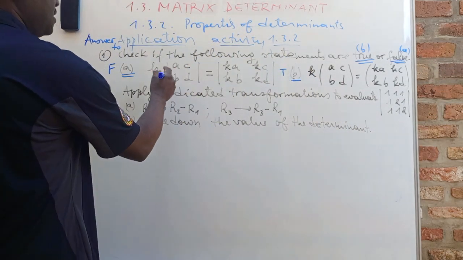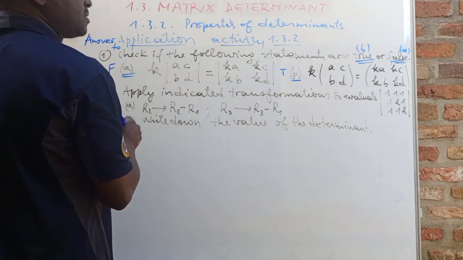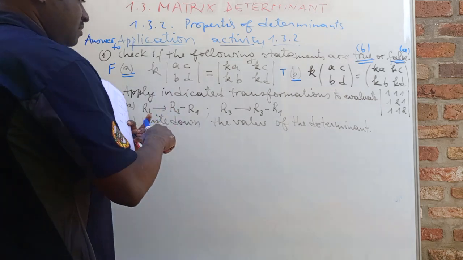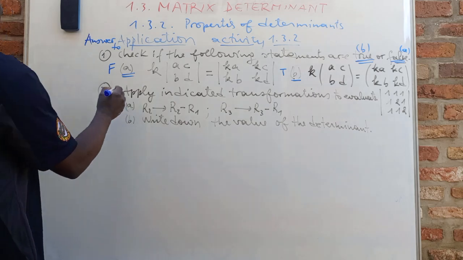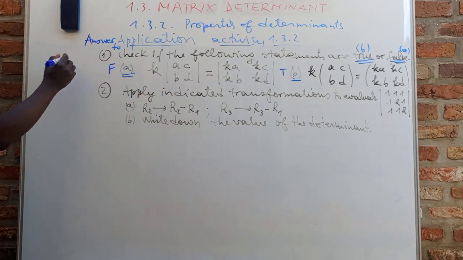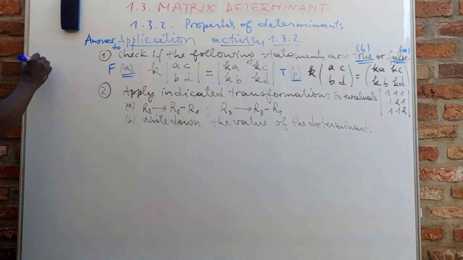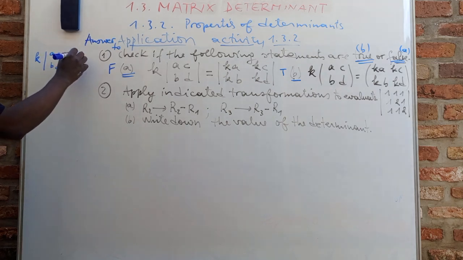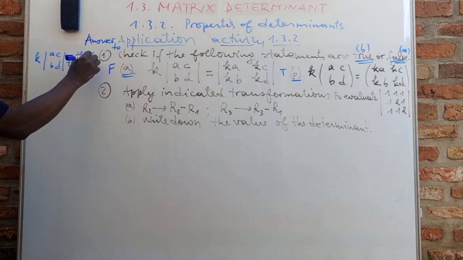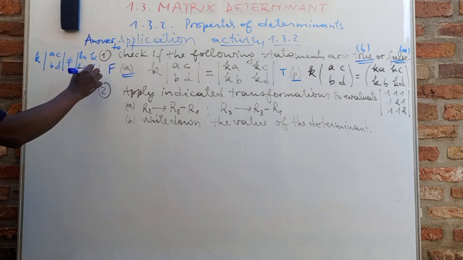But for a determinant, this is not okay. What we should have is k times the determinant of a, c, b, d, which is different from the determinant of ka, kc, kb, kd.